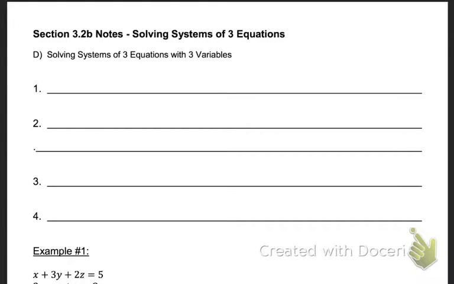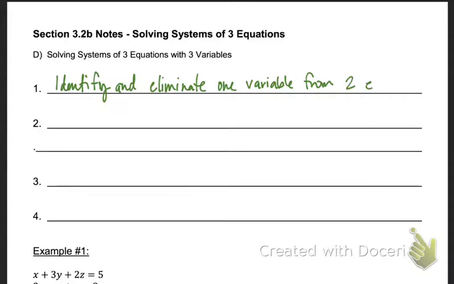So first thing I want you to do is identify and eliminate one variable from 2 equations. So you're going to choose x, y, or z.